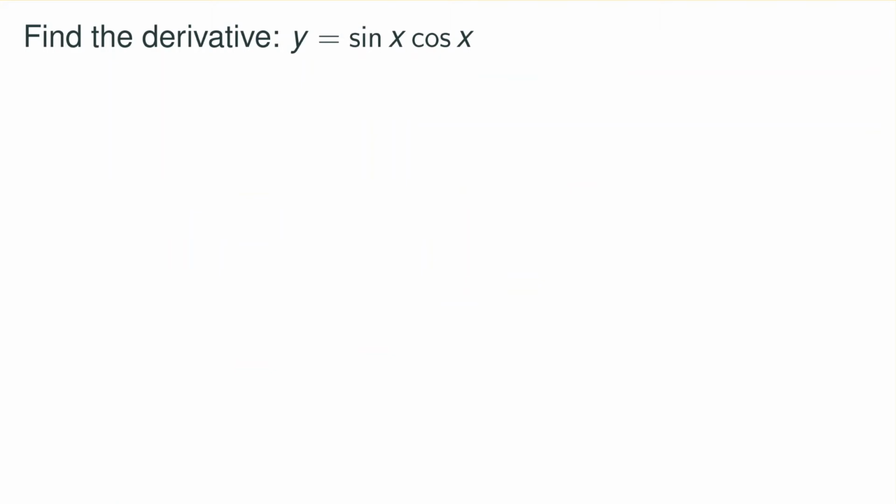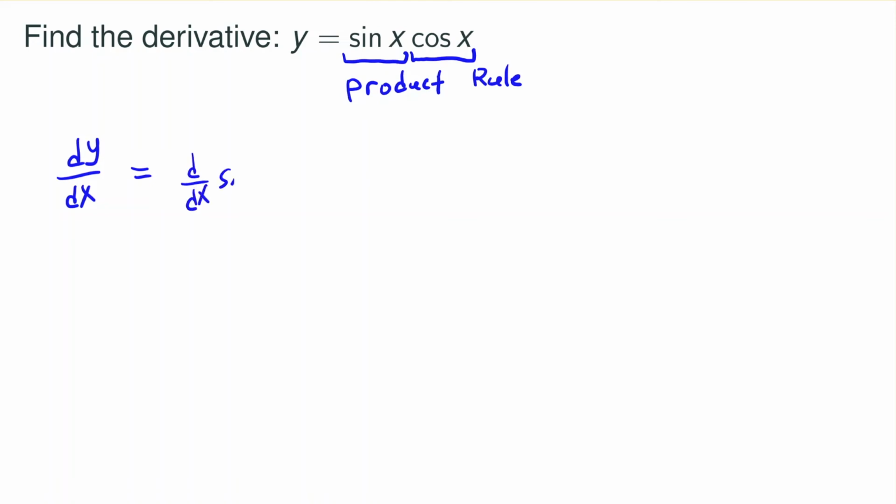Find the derivative of sine x times cosine x. Here we have to recognize that we have two functions multiplied, sine x times cosine x. Therefore, we must use product rule. So it's very important to recognize what rule to use first. So if I take the derivative, let's use different notation, just because we need to be comfortable with both notations, dy/dx equals derivative of first function times second function.